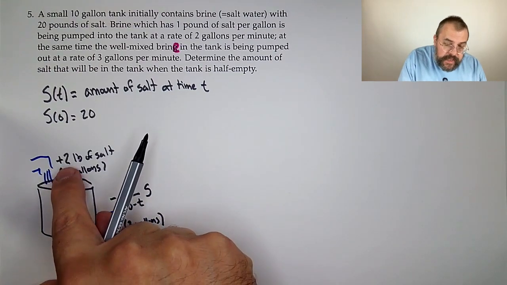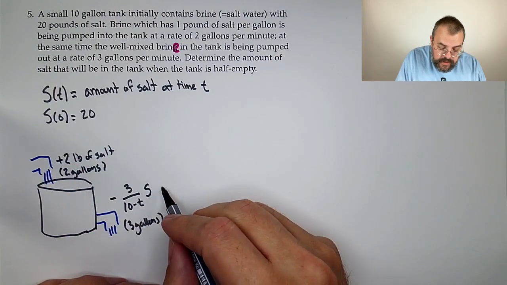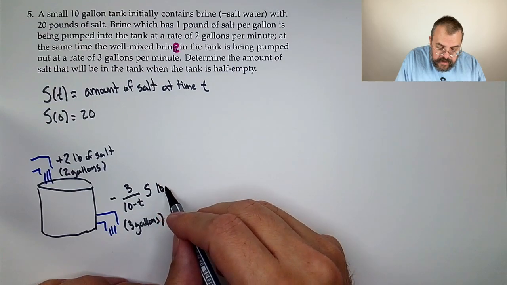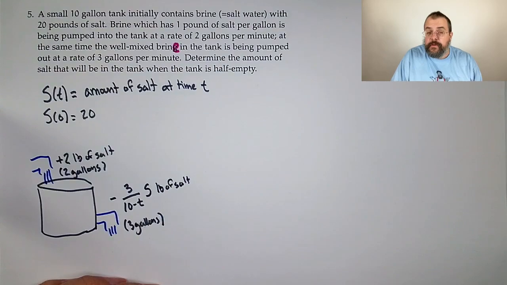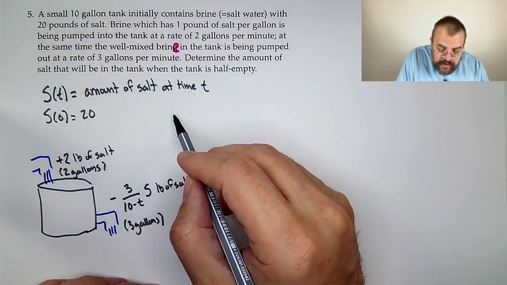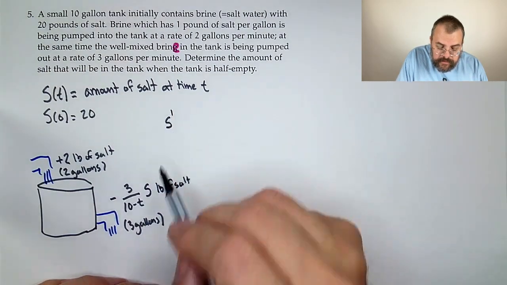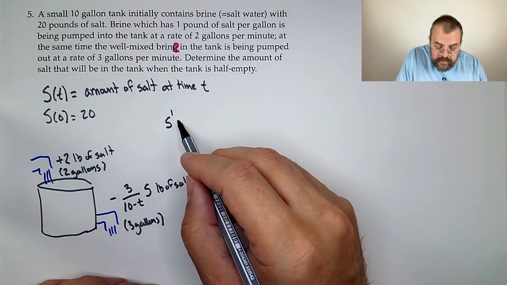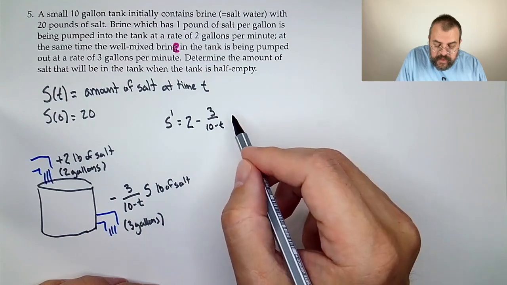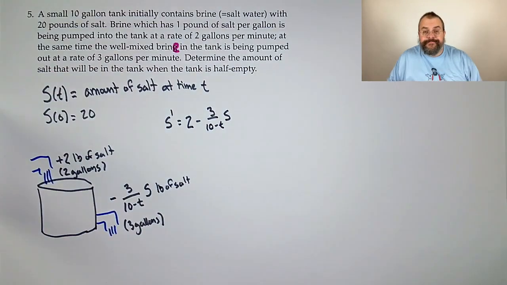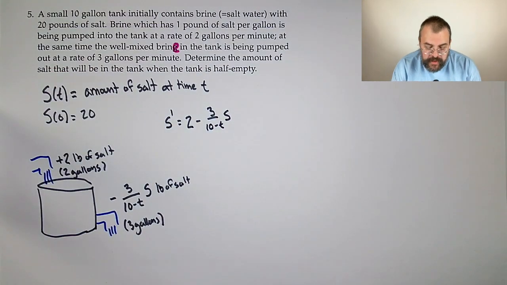So we know how we gain salt. We know how we lose salt. So we put it together, and we have the following. S prime is 2 minus 3 over 10 minus t times S.